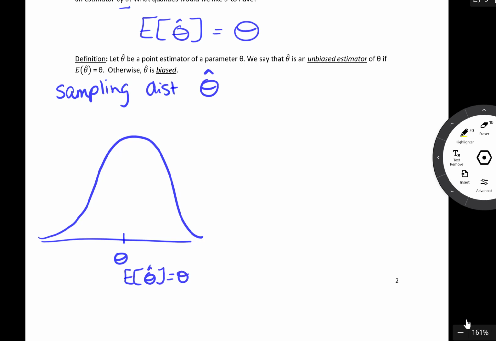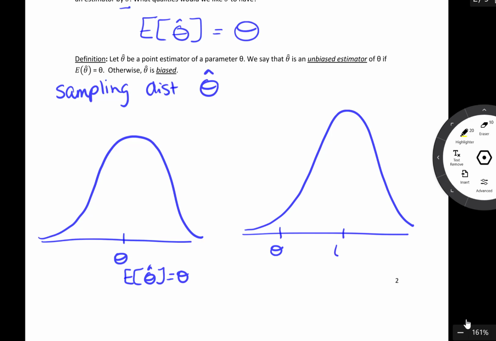So in this case, we would say that theta hat is unbiased. On the other hand, if we drew the sampling distribution of theta hat, and let's suppose that theta occurs here, and we know for this picture the expected value of theta hat would occur at the center, here we have that the expected value of theta hat is greater than theta, so therefore here we would say that it is biased.